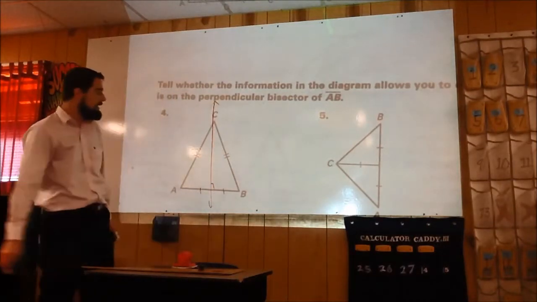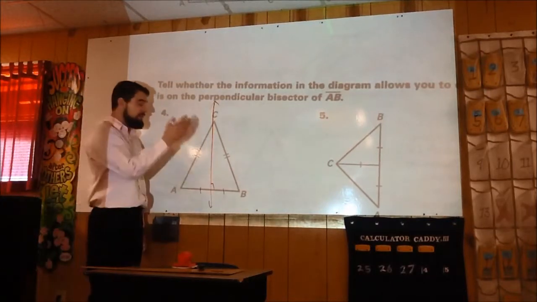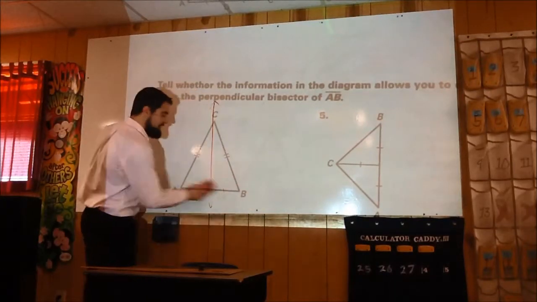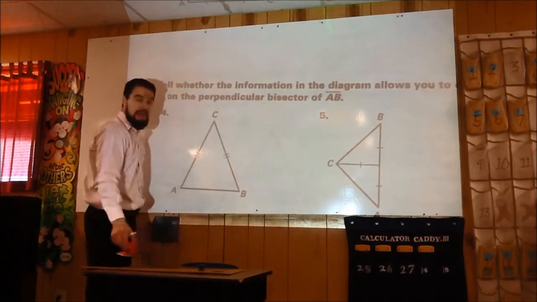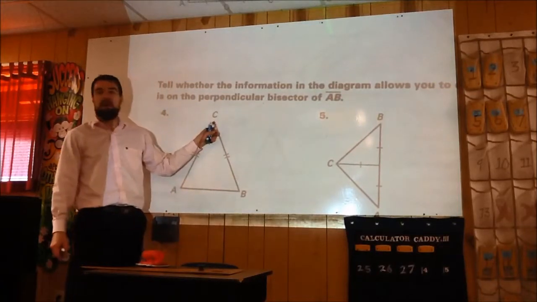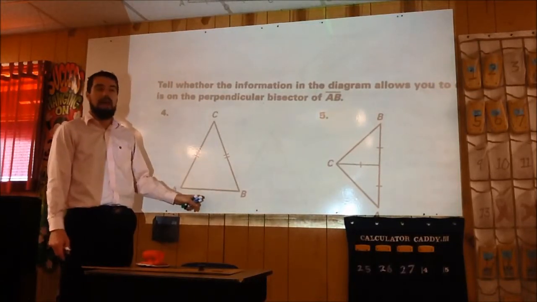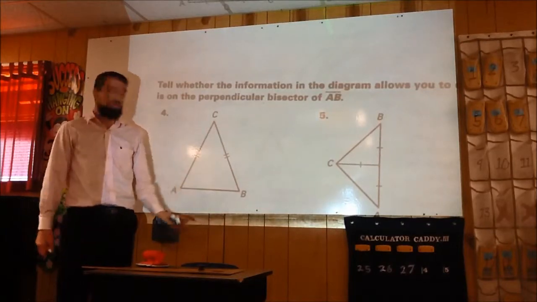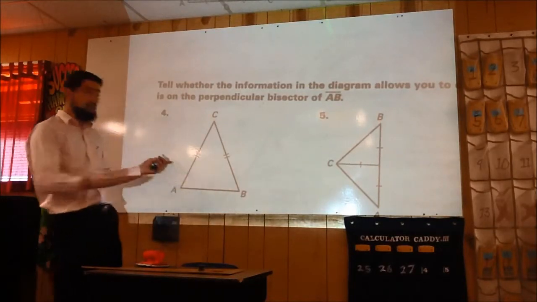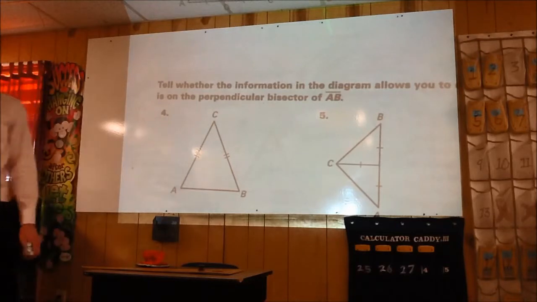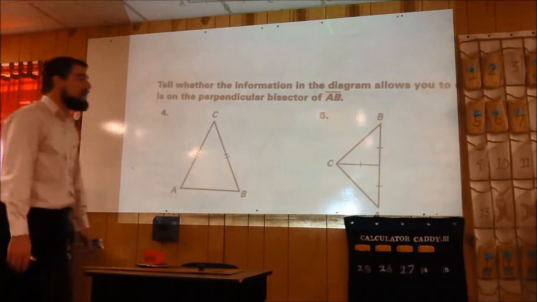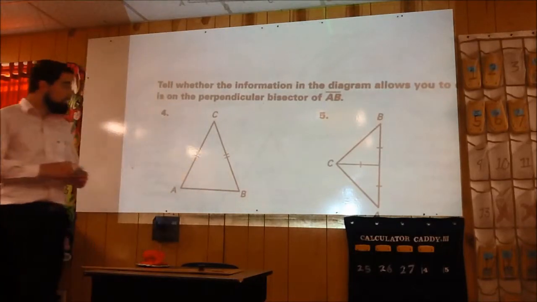If it was drawn in, it would look like that, but we don't need this information. If a point truly is on the perpendicular bisector, then it's got to be equidistant from the two endpoints. So yes, item 4, that's plenty enough information to say that C is on the perpendicular bisector.